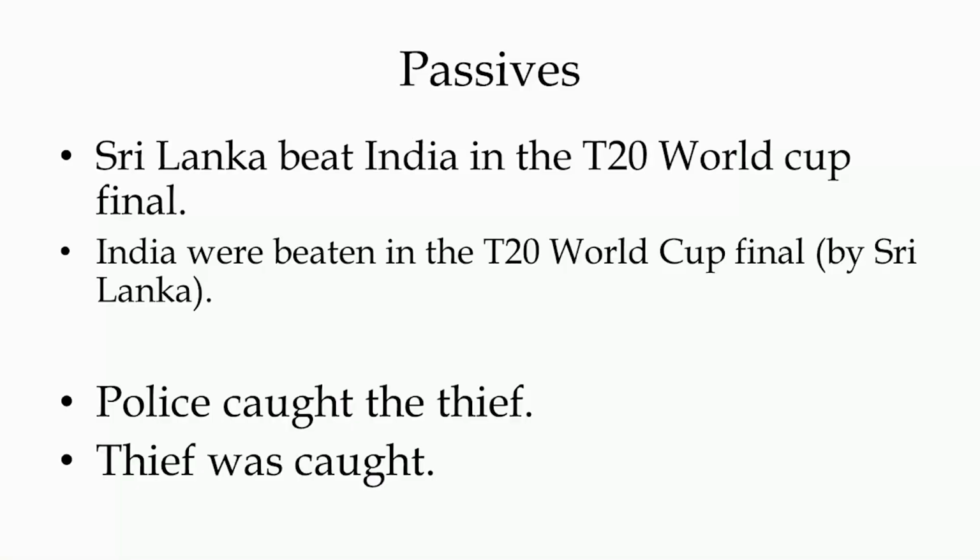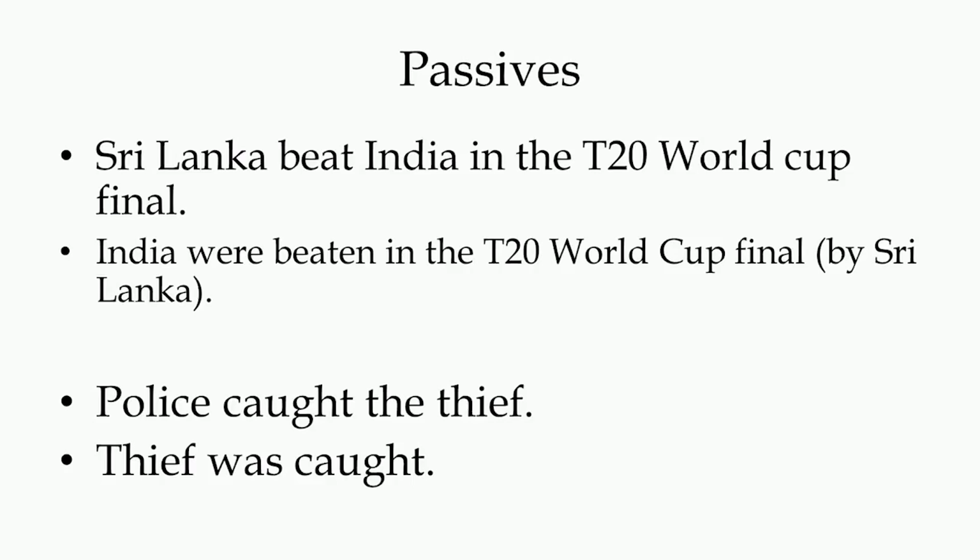Let's look at two examples each of active sentences and passive sentences. Sri Lanka beat India in the T20 World Cup final. This is an active sentence where Sri Lanka is the subject, beat is the verb, and India is the object of the sentence, and T20 World Cup final is another one.